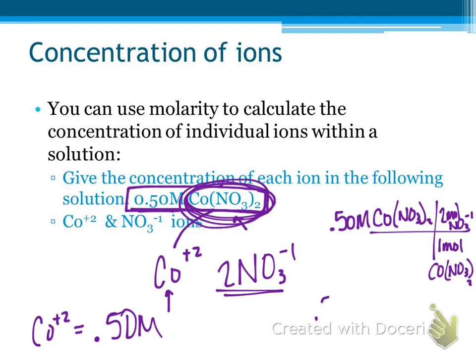So it's 0.5 times 2. My concentration of nitrate ions is twice as much because I have twice as many nitrate ions. Okay, how do we feel about that?